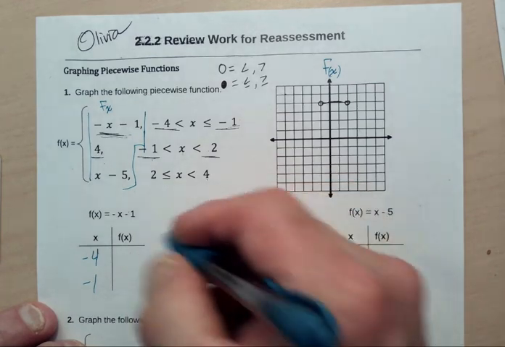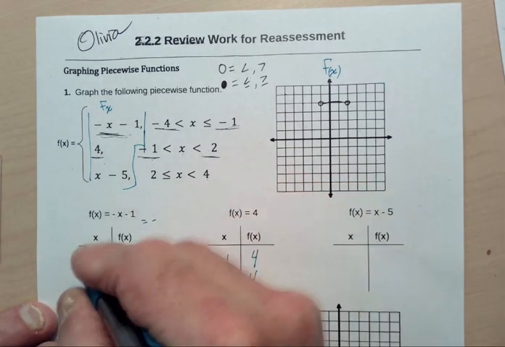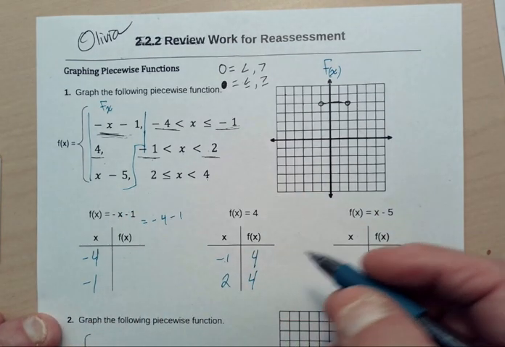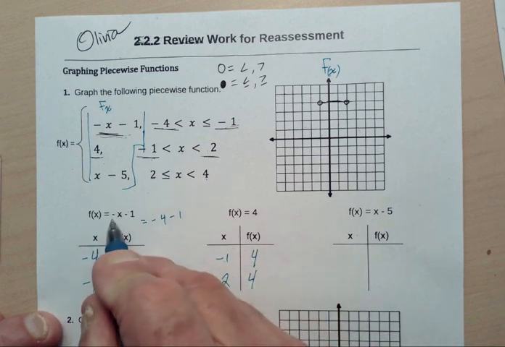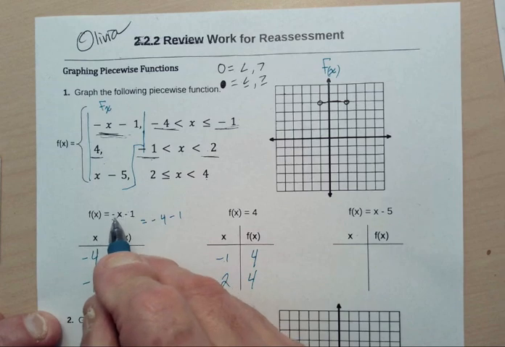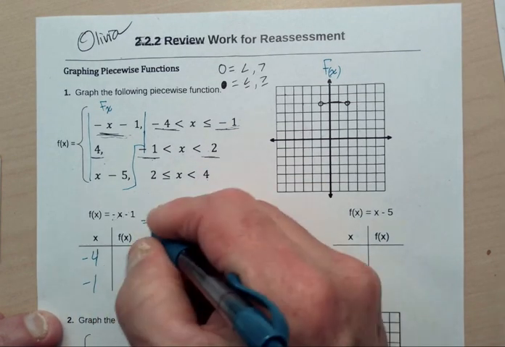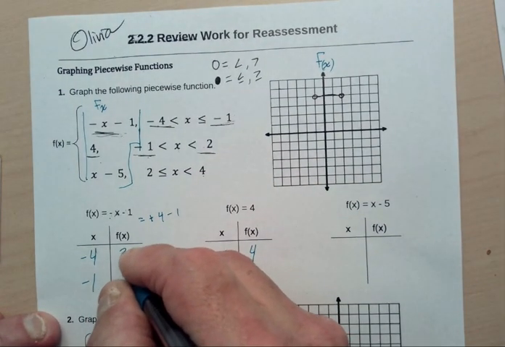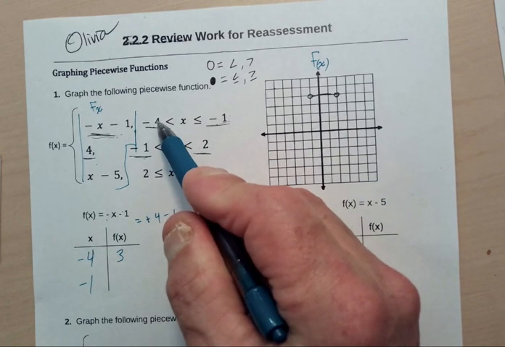Well, f of x is going to be negative x minus 1, careful, right? And x is -4. So it's +4 minus 1, which is 3. That's the f of x for -4.